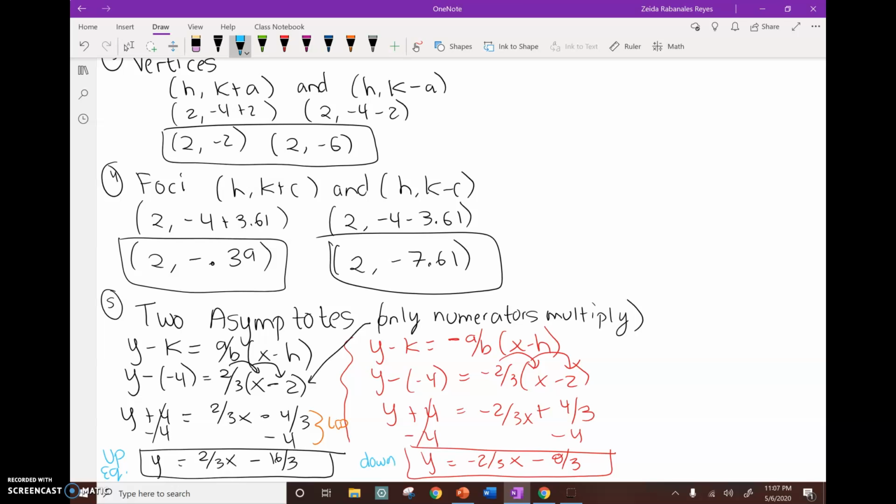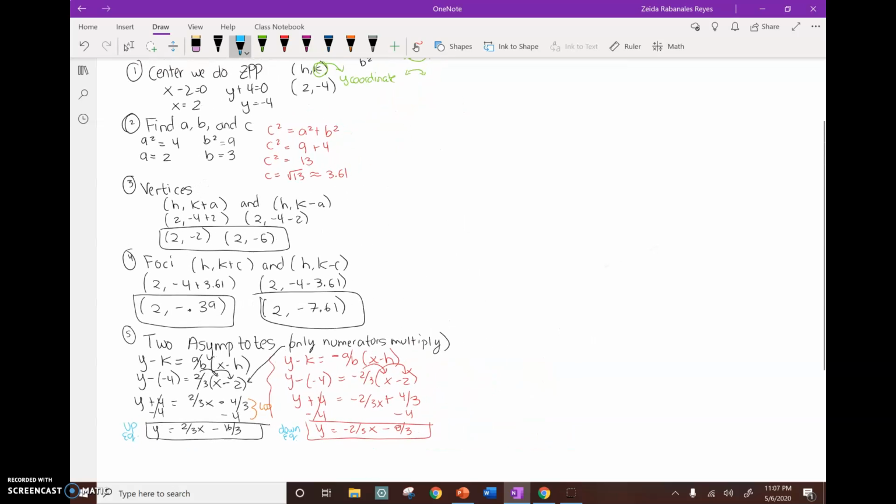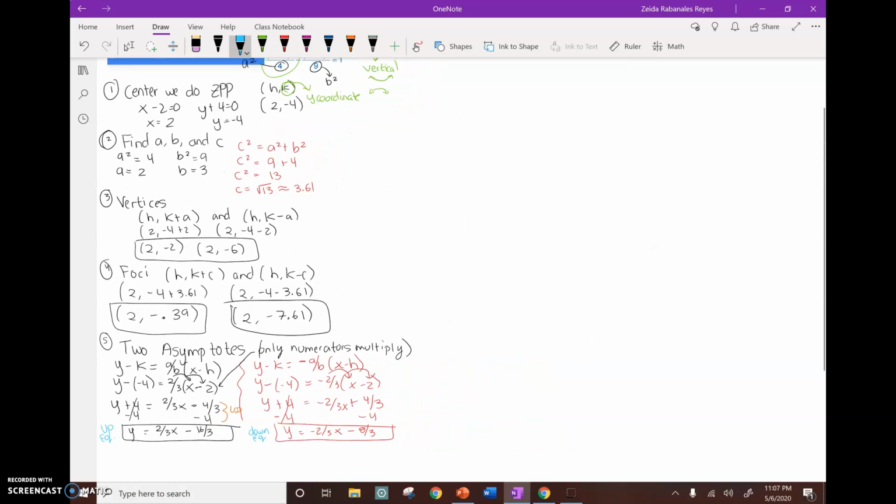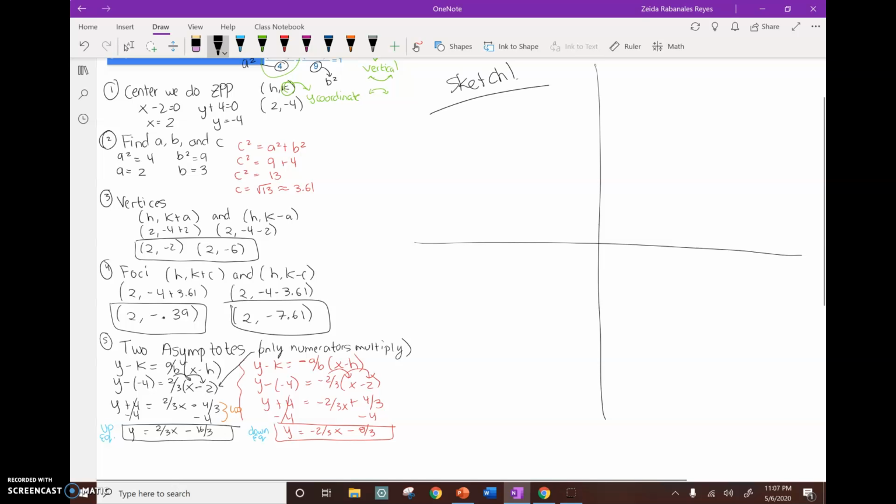All right, now we're going to be able to graph it with all the information we have. So let me zoom out a little because I need all that there. You can just create 2 lines for your coordinate plane. That's fine. It can just be a sketch of the graph. So then I start with the center.